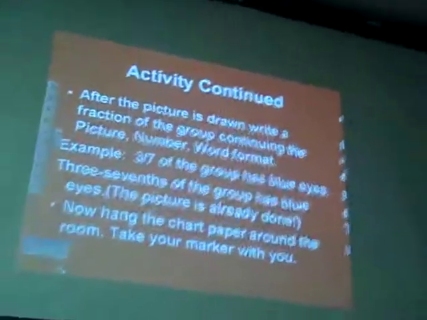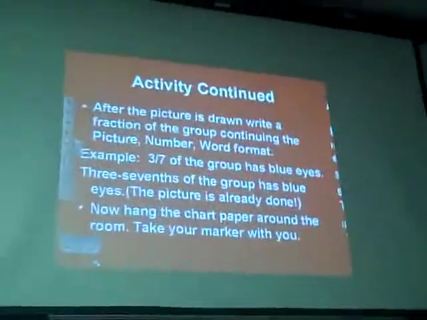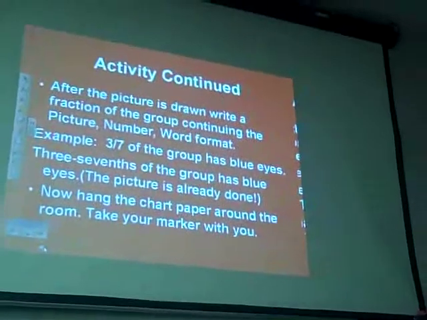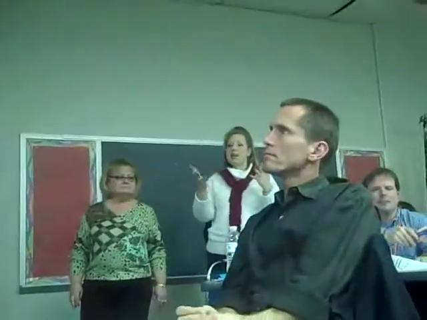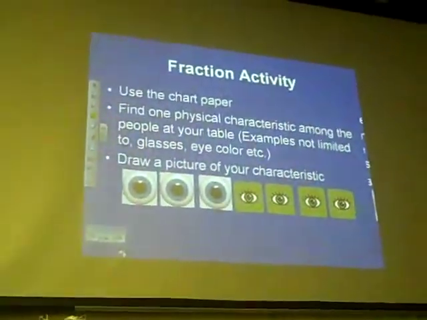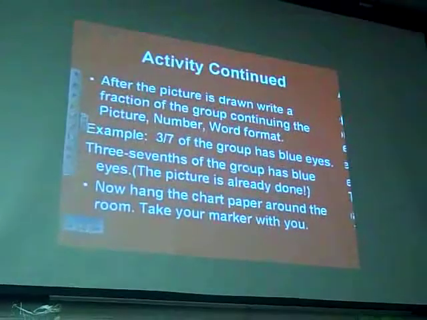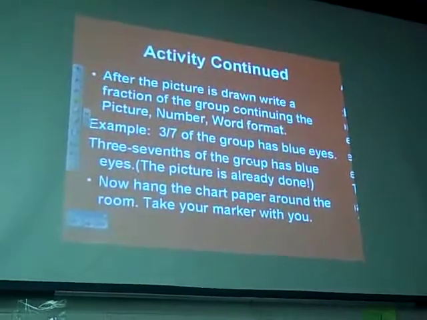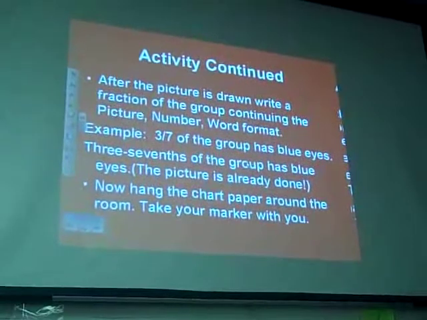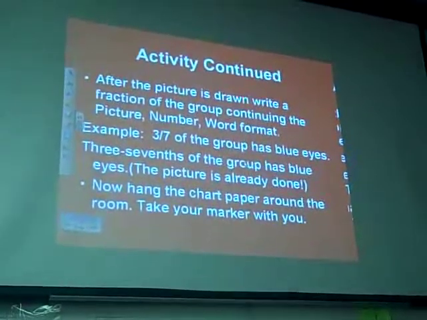Okay, after your picture is drawn, you're going to write a fraction of the group, continuing to what I call the picture number word format. And the example that I gave in the previous slide with the blue and green eyes, our fraction was 3/7 of our group had blue eyes. So then we had to write it in word form, and your picture is already drawn for you. That's what we started with.